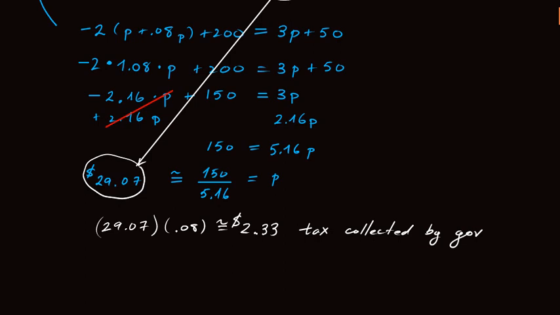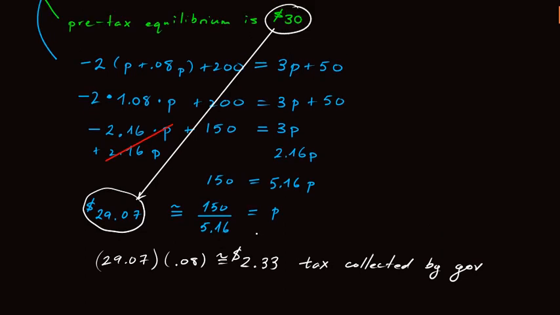Okay, and then of that, how much is assigned to the supplier and how much to the consumer? Well, the consumer has actually seen his price go down by 93 cents.